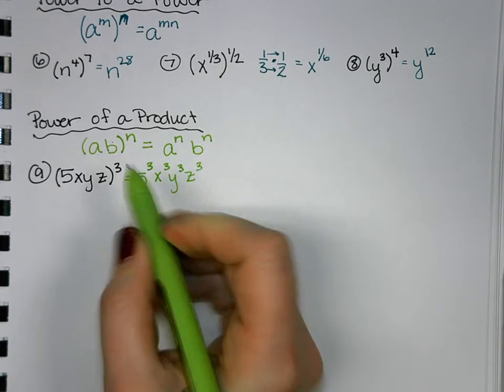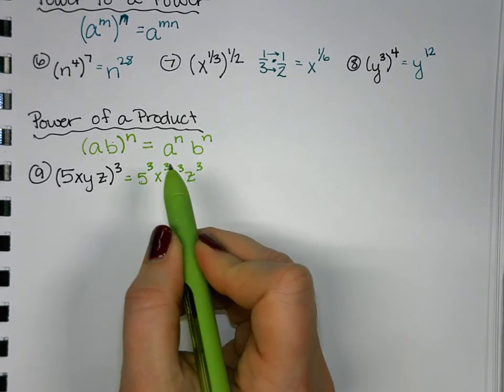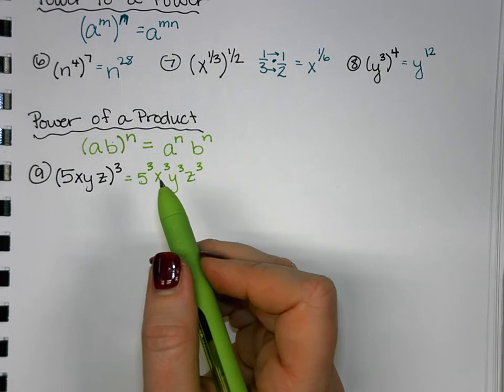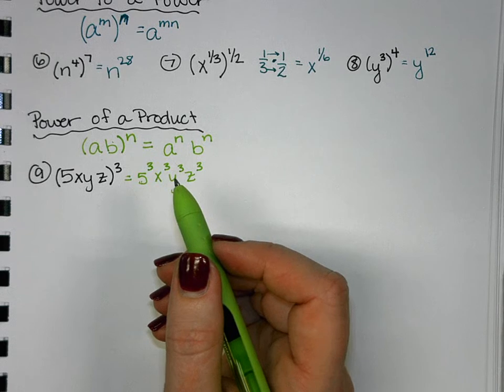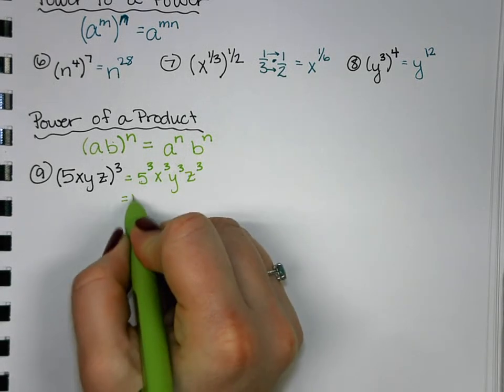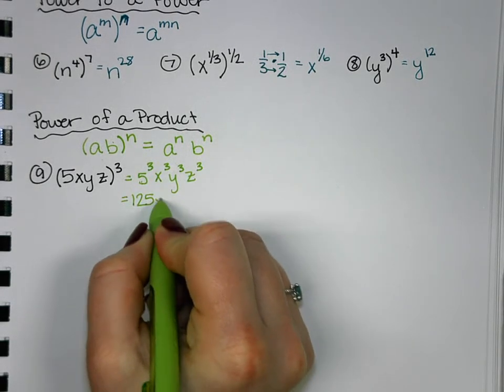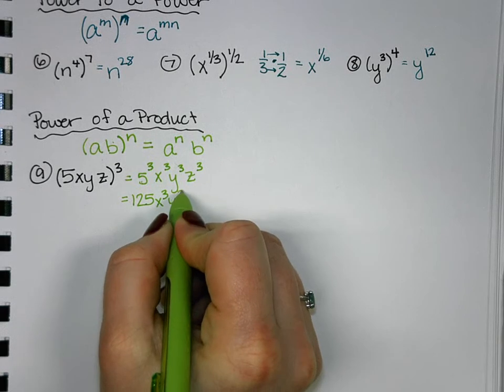And then because 5 to the 3rd is one of those that we can actually do and get a relatively small number, what is 5 to the 3rd? Does anyone remember? 125. So 125, x to the 3rd, y to the 3rd, z to the 3rd.